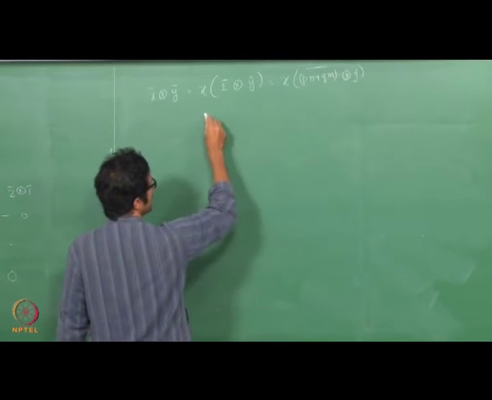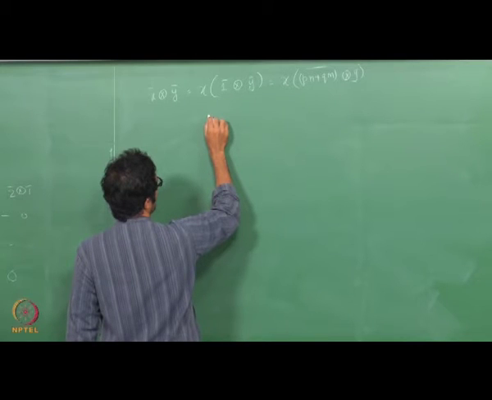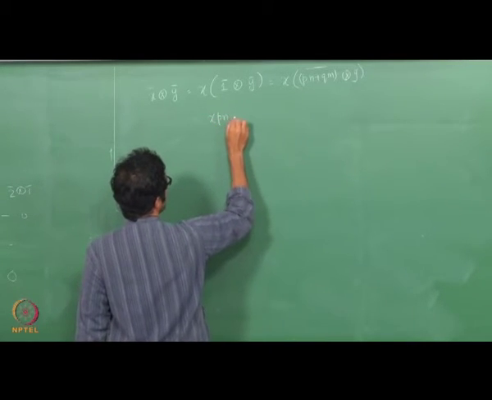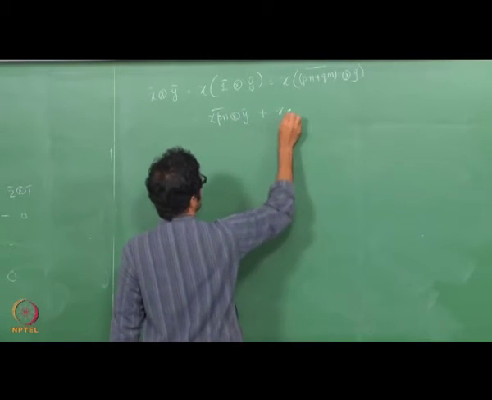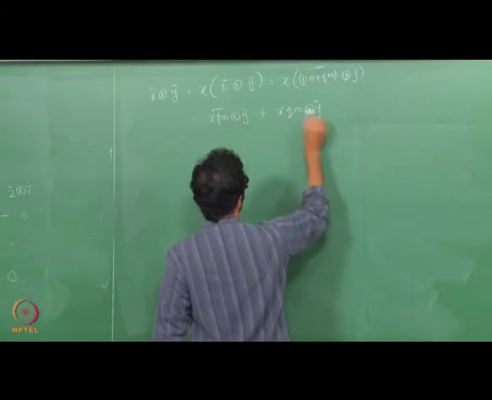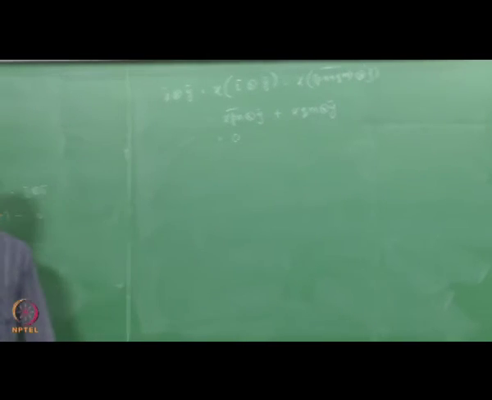This is the same as xpn tensor y bar plus xqm tensor y bar. Each of these is 0 already, so both of them are 0.